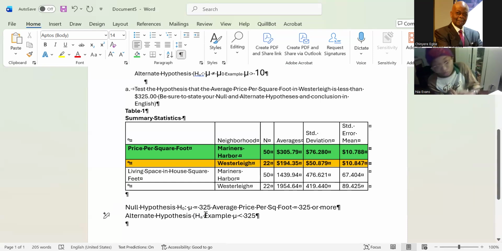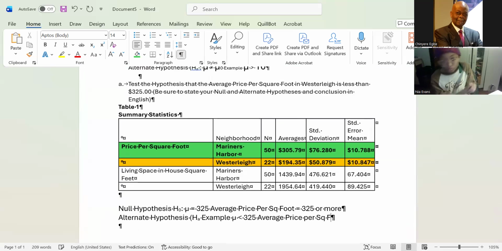That is the alternate hypothesis, which is that the average price per square foot is less than 325.